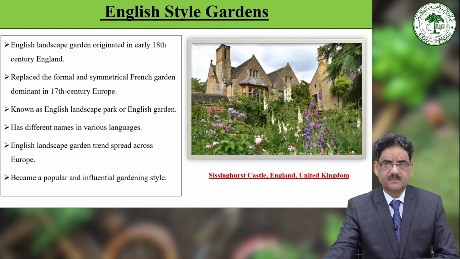In simple terms, the English style garden was a big change from the organized layouts of formal French gardens. It had a long lasting influence on how gardens in Europe were designed for many years.